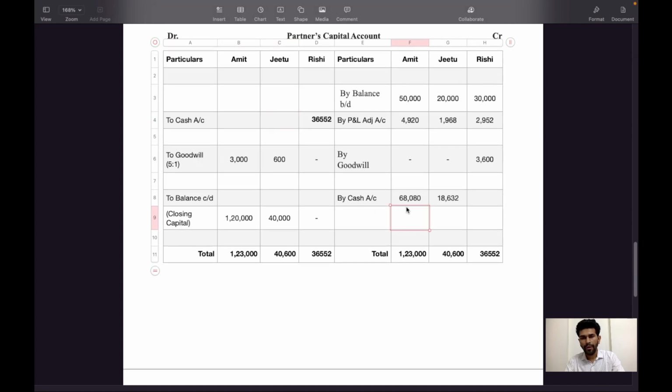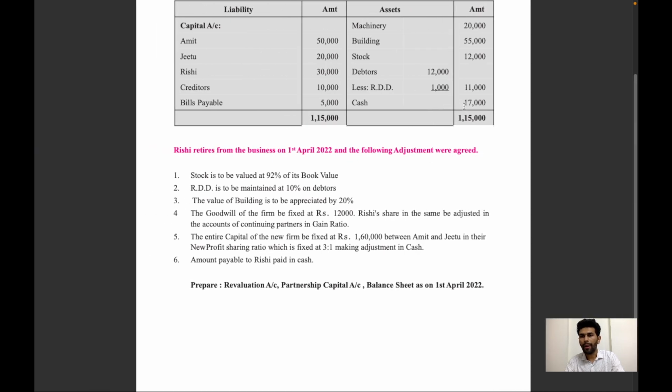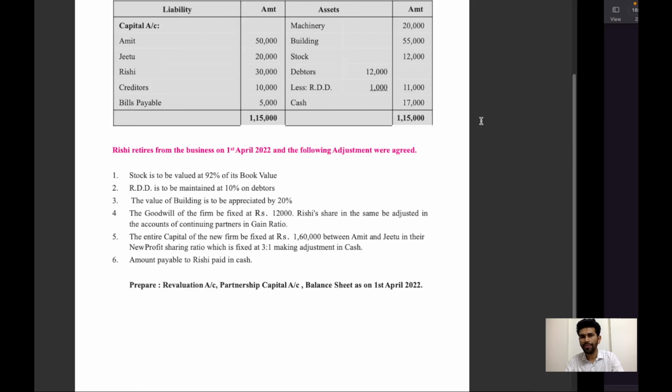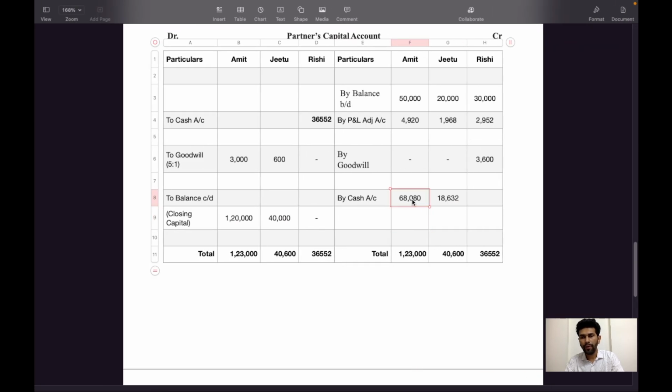Now the amount of cash is 17,000 rupees. We have to add to this the amount Amit and Jitu brought in as capital, and we have to reduce the cash by 36,552 because the amount is paid to Rishi.